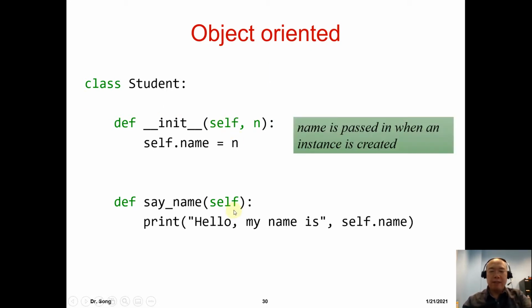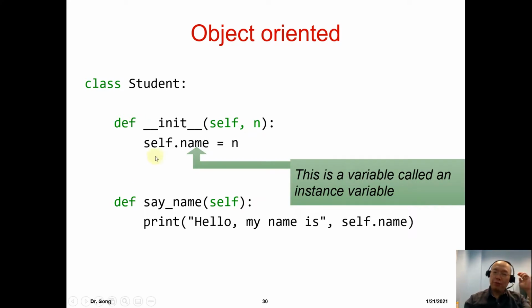For the self, it just means that we are touching the current object that triggers this method call. If we are doing self.name, this means name is an attribute of this class, and we are touching the attribute name of the current object we are trying to manipulate, or the current object that triggers this method call.